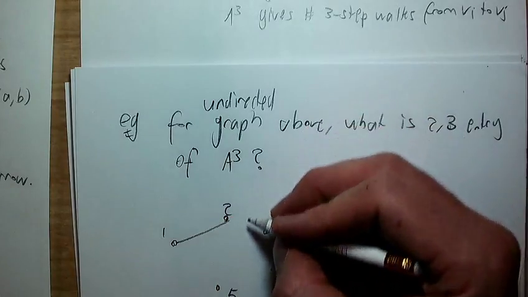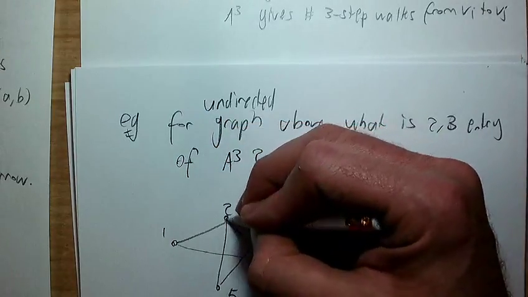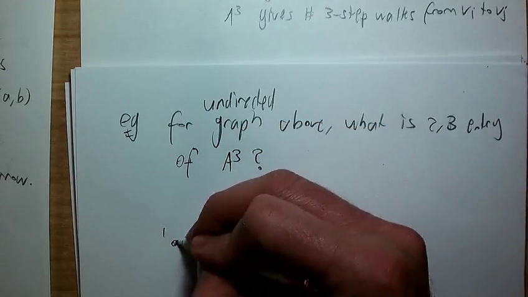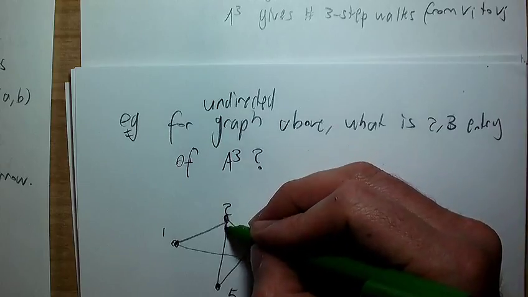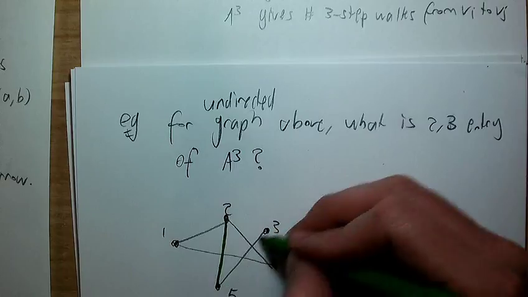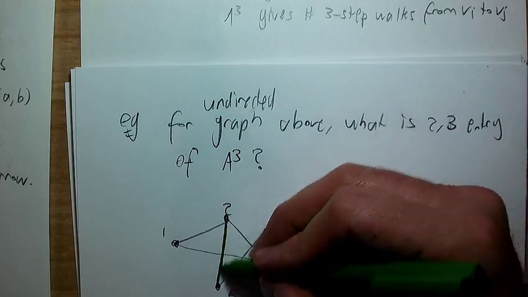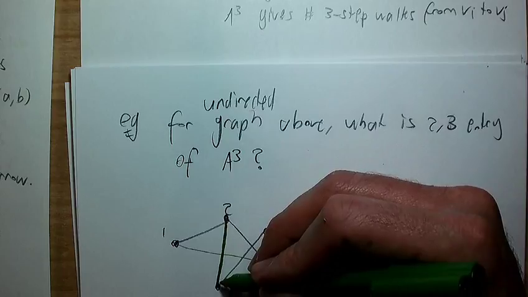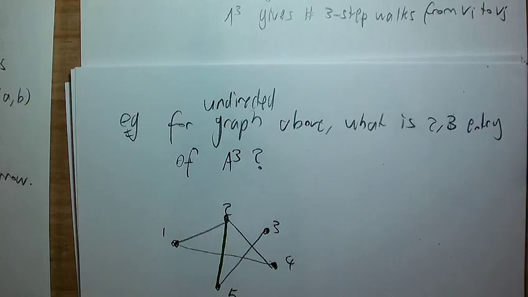1, 2, 3. And I could go, well, how many 3-step paths are there from 2 to 3? That's not going to work, is it? And the only way to get from 2 to 3 is to go via 5, by the look of my graph. There are none.